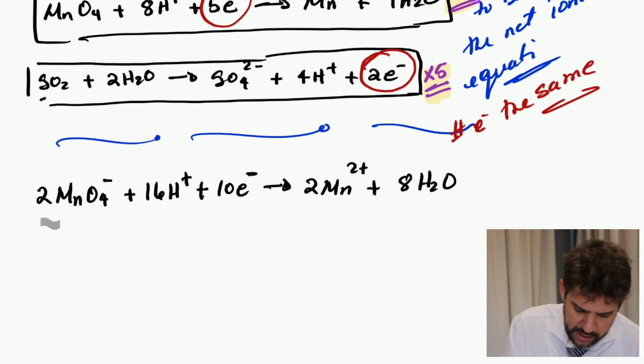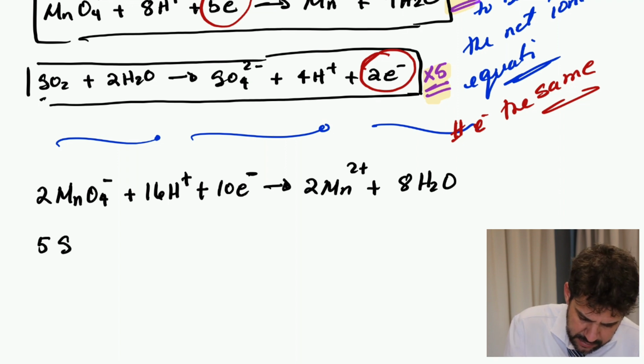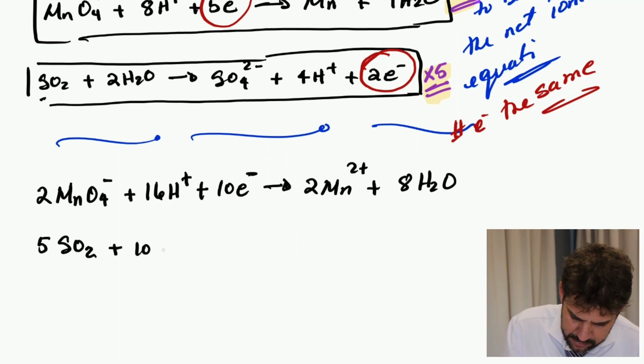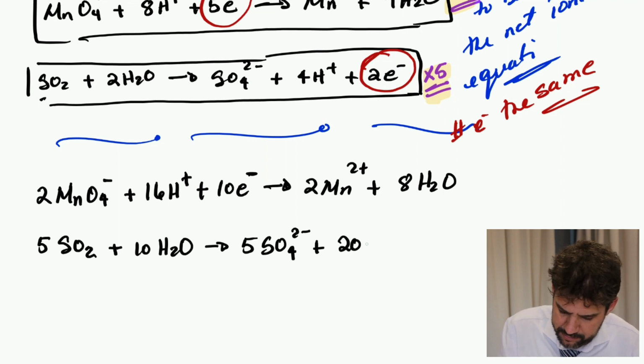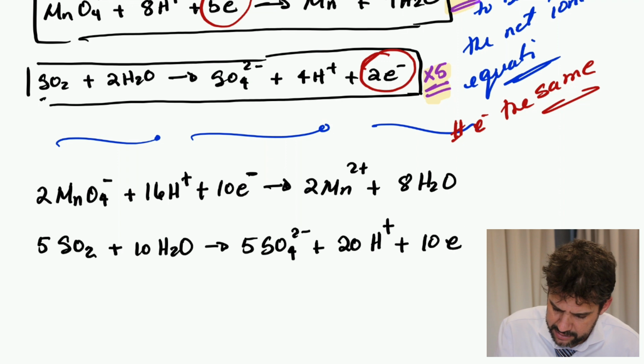Doing that, what do we have? 5 SO2 plus 10 H2O, an arrow, 5 SO4 2 minus, plus 4 times 5 is 20 H plus, plus 2 times 5 is 10 electrons.